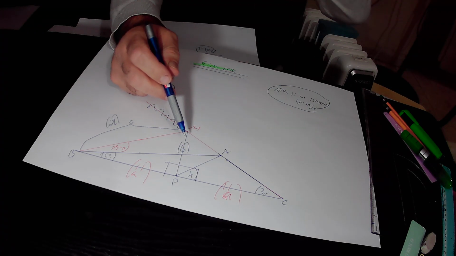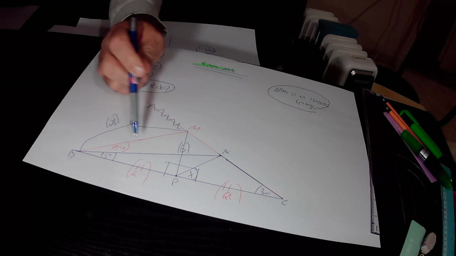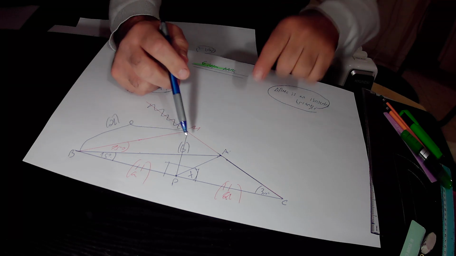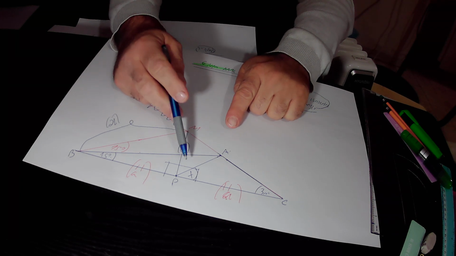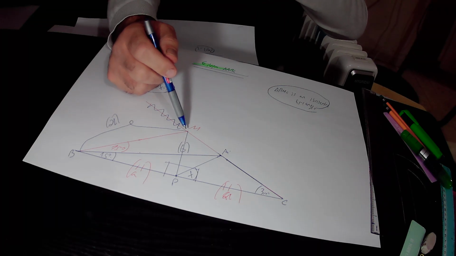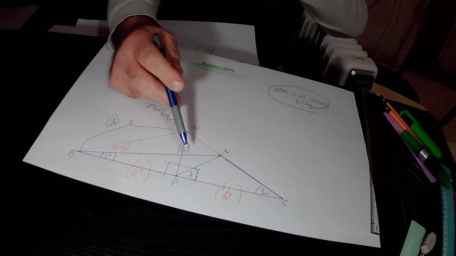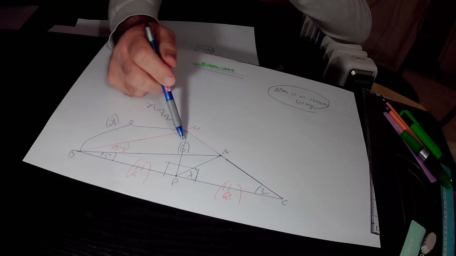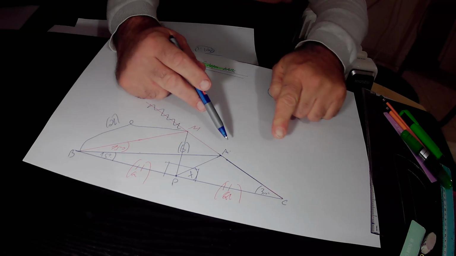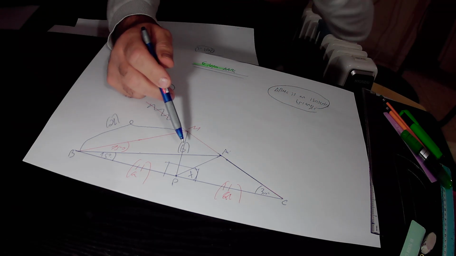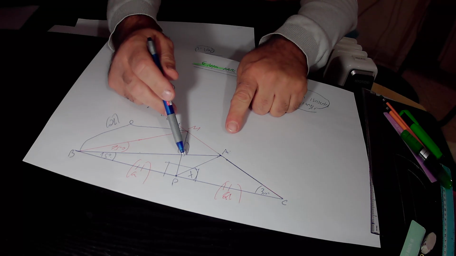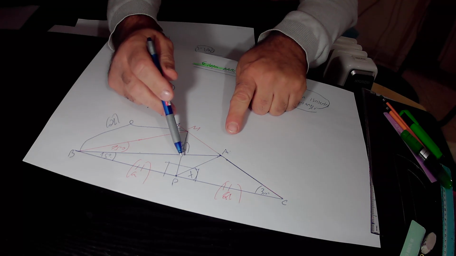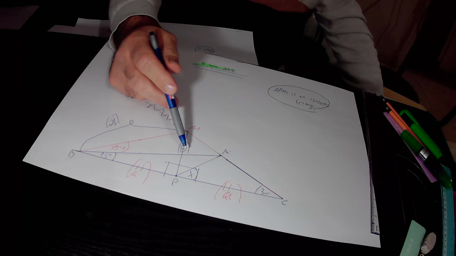This is the converse theorem of the angle bisector theorem, according to rule 21.